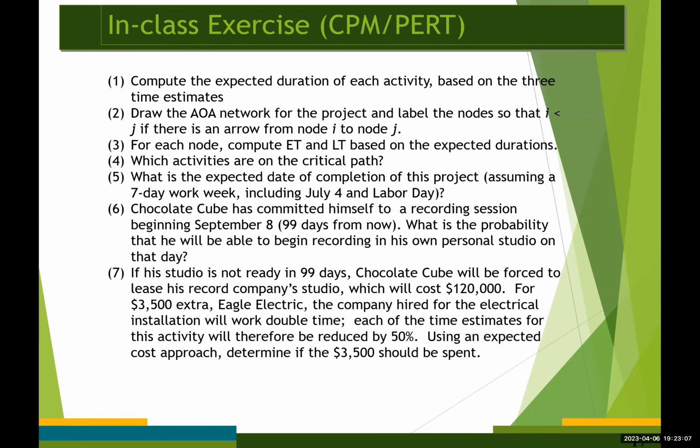And for $3,500 extra, Eagle Electric, the company hired for the electrical installation, will work double time. And each of the time estimates for this activity will therefore be reduced by 50%. Using an expected cost approach, determine if this extra 35K, I'm sorry, 3.5K should be spent.